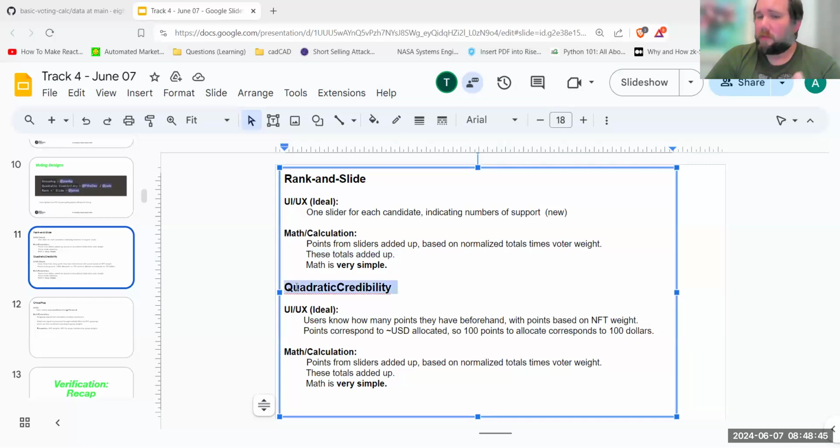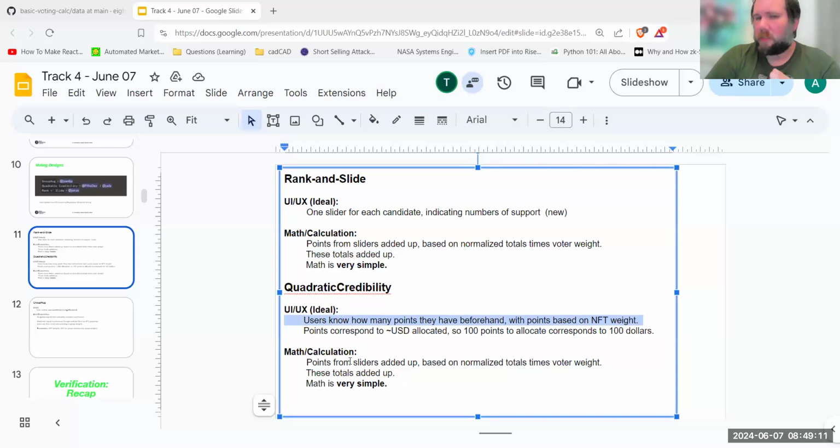Quadratic credibility is very similar. Overall, the two differences are that in terms of the ideal user experience, the quadratic credibility designers would like students to have a clear picture of how many voting points they have before they start, so that matches exactly how many dollars or other units they're allocating.